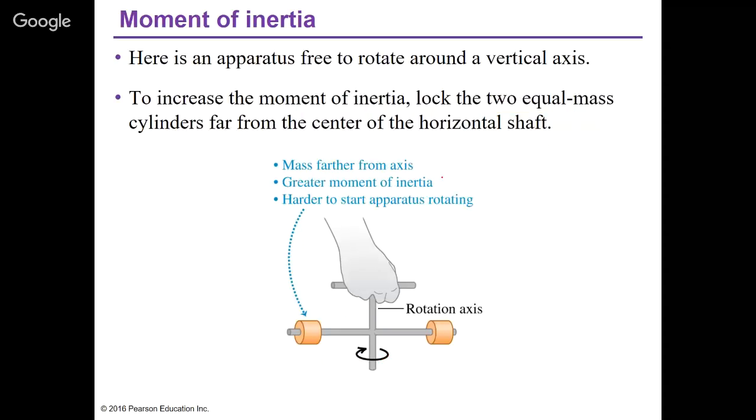Again, if you want to increase the moment of inertia, you can pull them apart. That's increasing the m_i r_i squared. In this case, the mass stays the same, but r_i is increasing. Therefore, the total moment of inertia increases as you pull the two masses away from the center of the horizontal shaft.